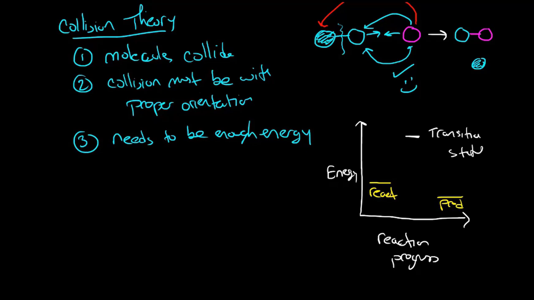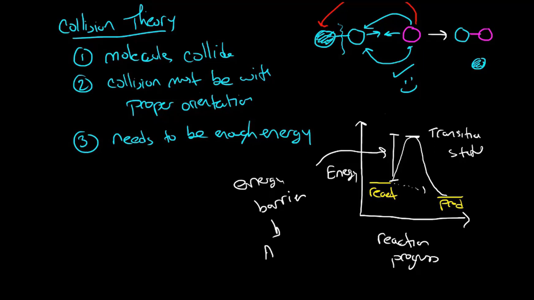So for the reactants to become products, they first have to go through this transition state, and then they can become products. So there's this energy barrier for the reaction to happen, and we call this our activation energy. And we give this the symbol EA. So this is our activation energy.